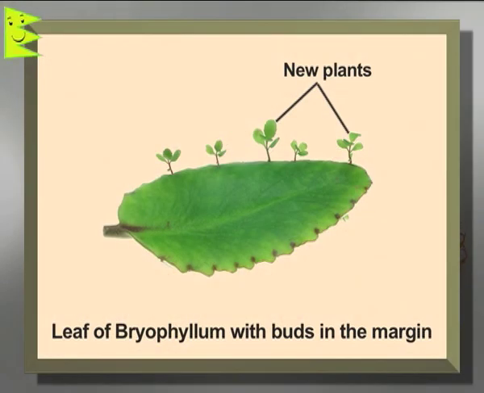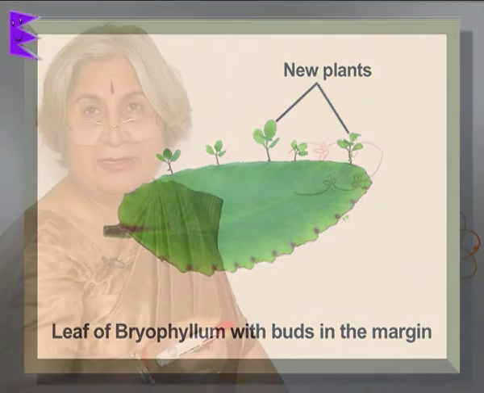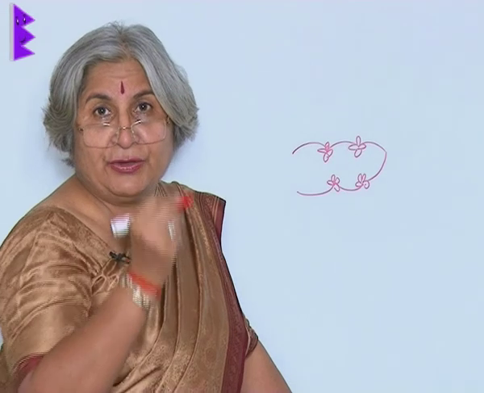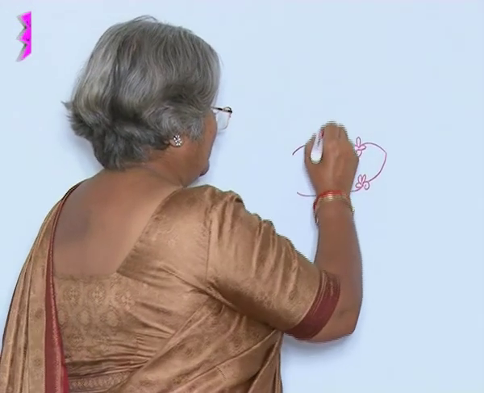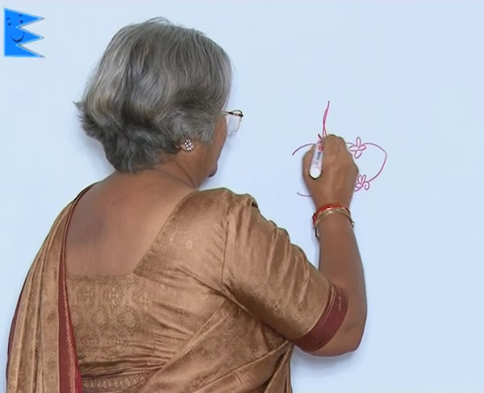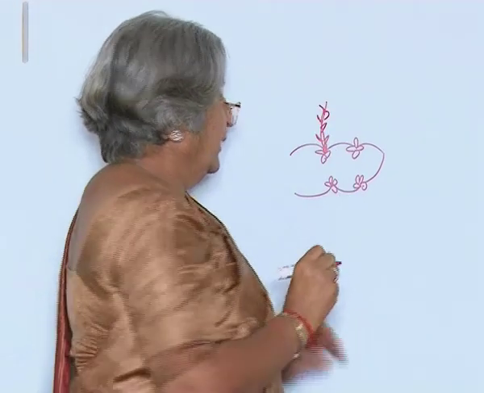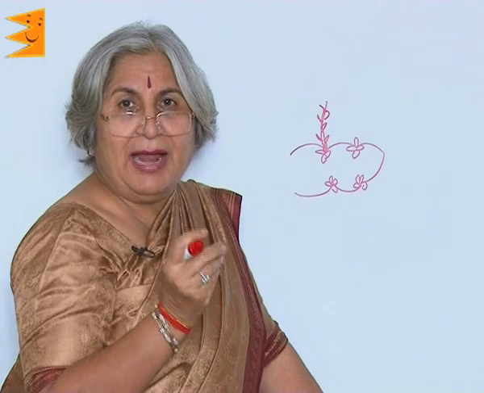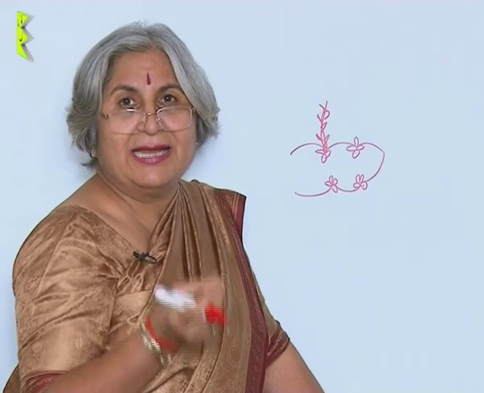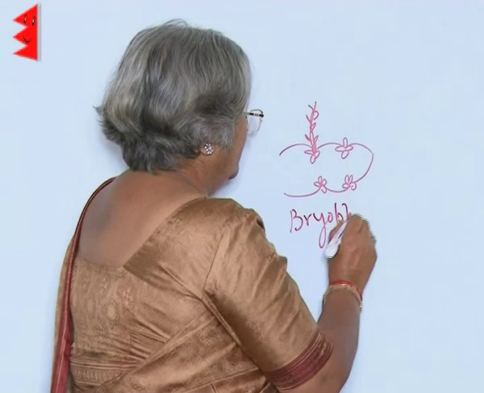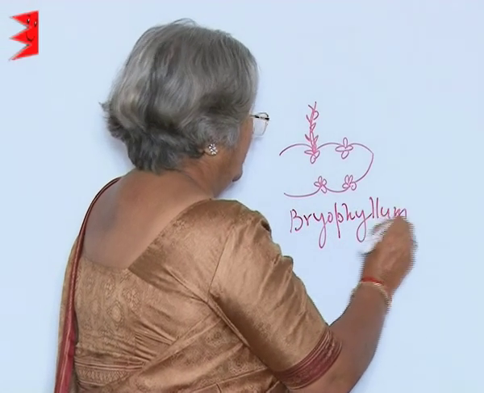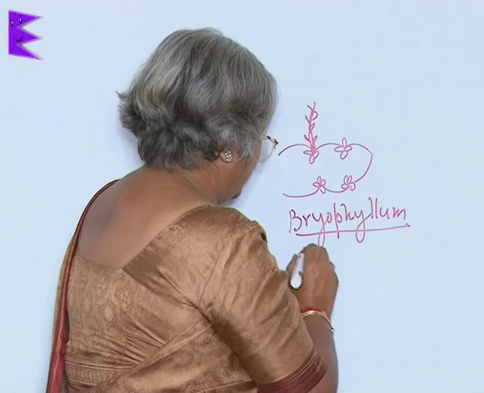If the leaf falls on the soil, then each of these buds grows into a new plant. And if you want bryophyllum to reproduce, you can have a cutting of the leaf with the bud, and you will find this will grow into a new plant. In fact, many times the plants start growing while still attached to the leaf. So, bryophyllum reproduces by leaves.